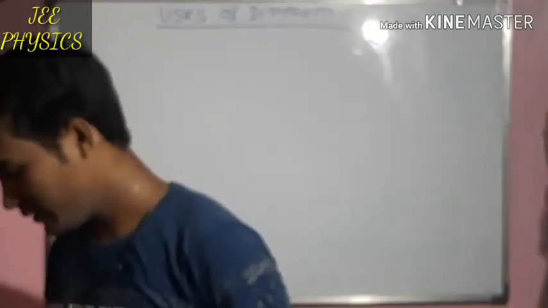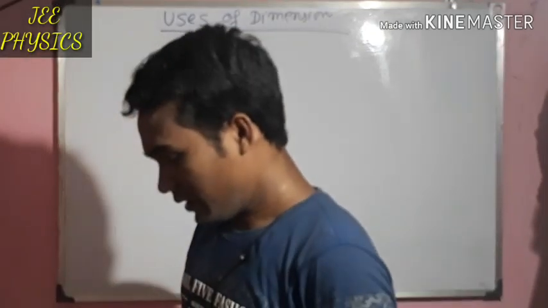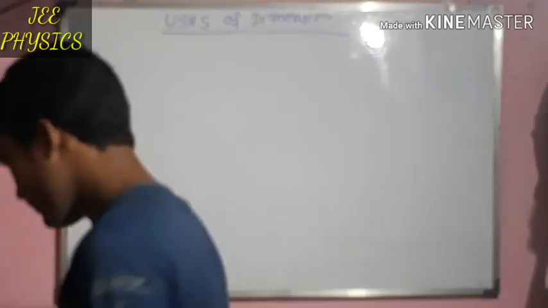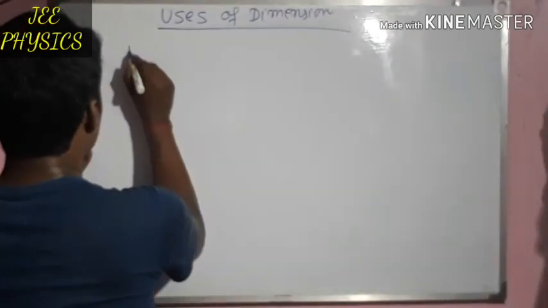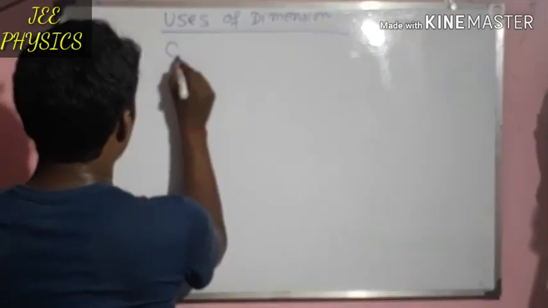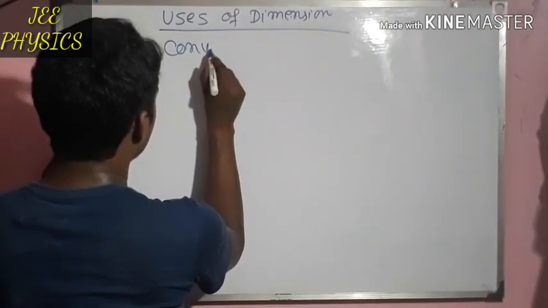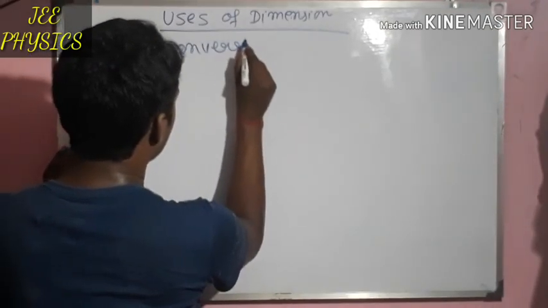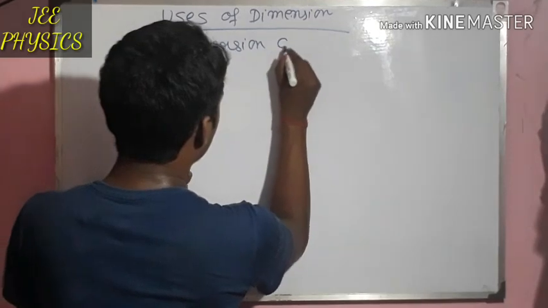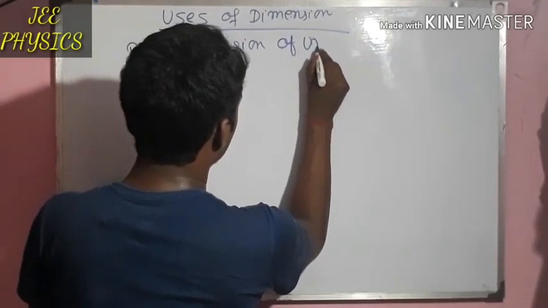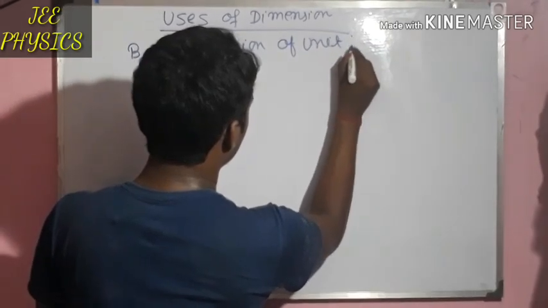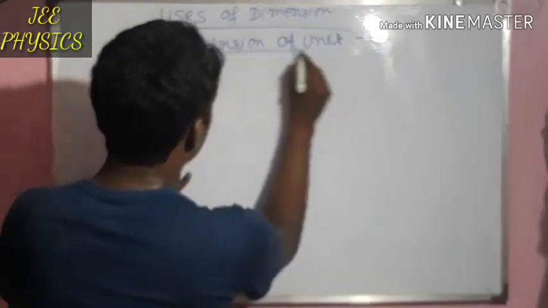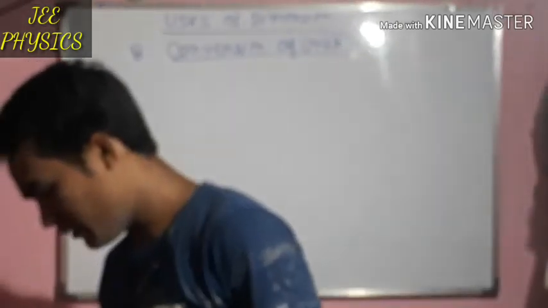The second use is conversion of unit. We can convert CGS to SI or SI to CGS using dimensional analysis.